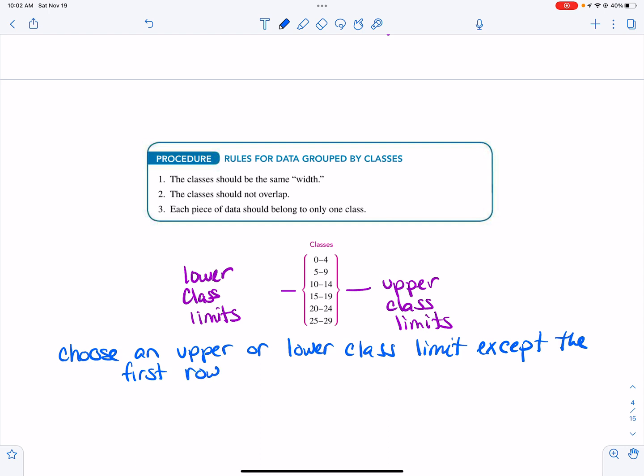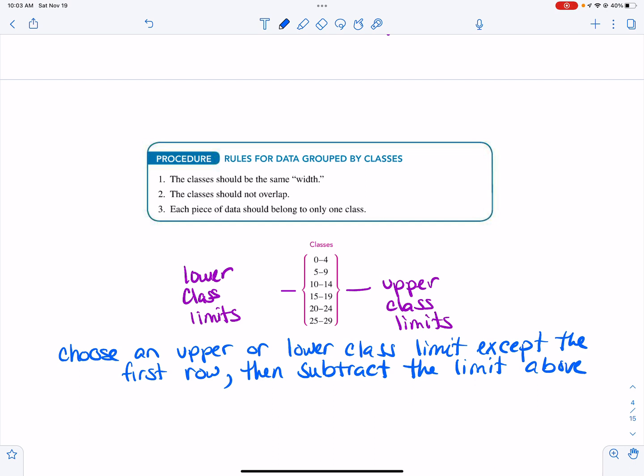So we don't want to choose 0 or 4 because we have no numbers above those. We're going to choose any limit that's on the left or the right, and then subtract the limit above.